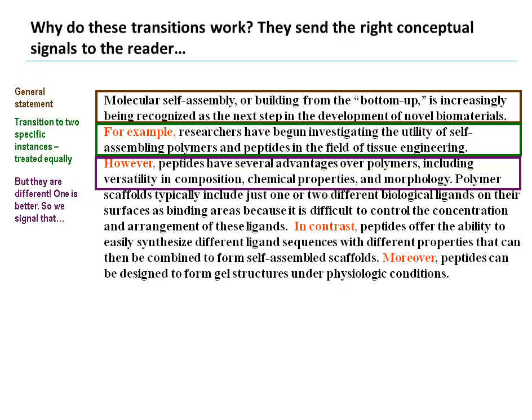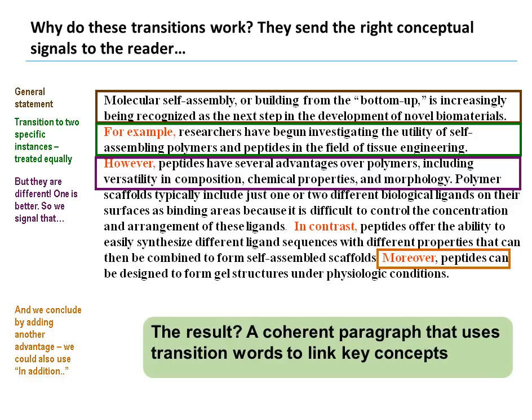One is better than the other, so we'd better signal that. And we conclude by adding another advantage. We could also use the word in addition. So you see, good transition selection will send the right conceptual signal to the reader. As a result, we get a coherent paragraph that uses transition words to link those key concepts.